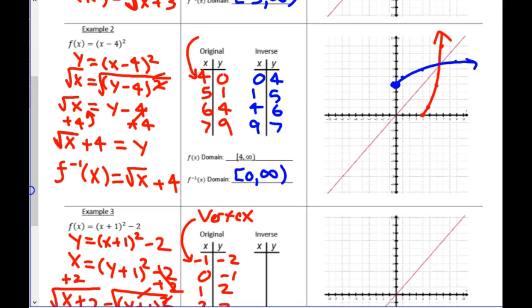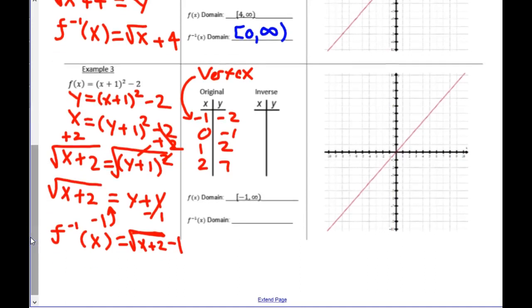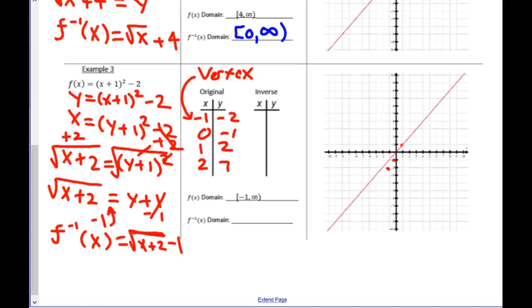This was my vertex. Anyways. Alright, plot those points. Negative 1, negative 2, 0, negative 1, 1, 2. Whoops. Big whoops. And then 2, 7.